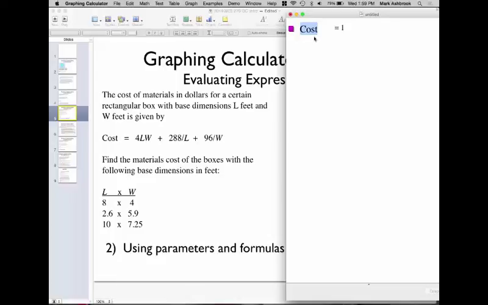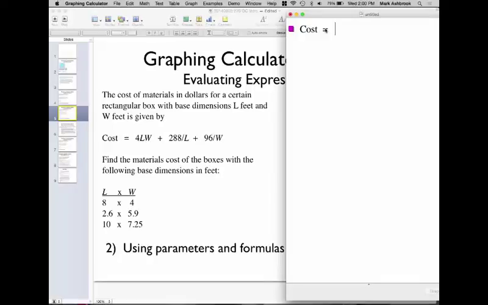Notice it says equals 1. Any parameter that you define, if its value is not defined, will by default get the value 1. So right now, cost equals 1. But what do we want cost to be? We want it to be this formula.